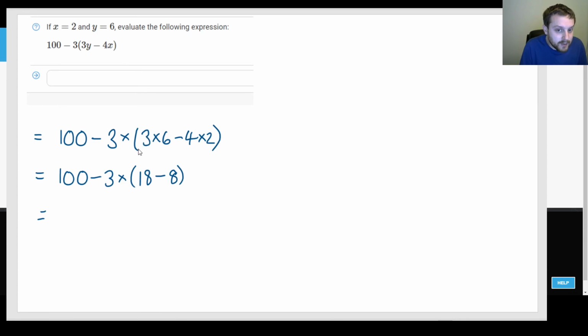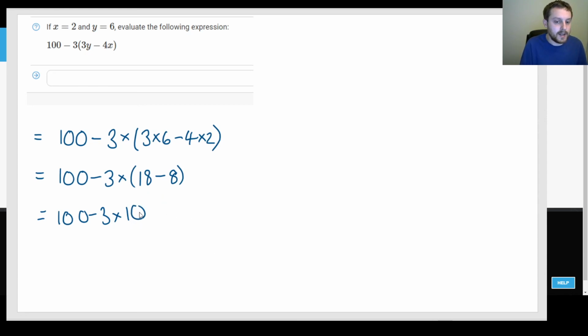So here I'm trying to get this bracket sorted out. Because of BIDMAS, I'm trying to do the bracket first. Now inside this bracket, I have 3 times 6, which is 18, and 4 times 2, which is 8. So really the answer to this bracket is whatever 18 take away 8 is, which is of course 10.